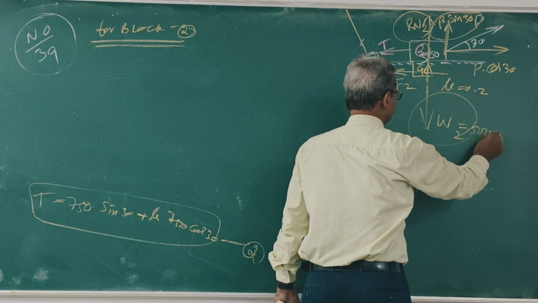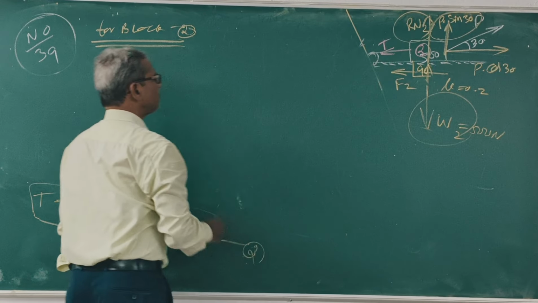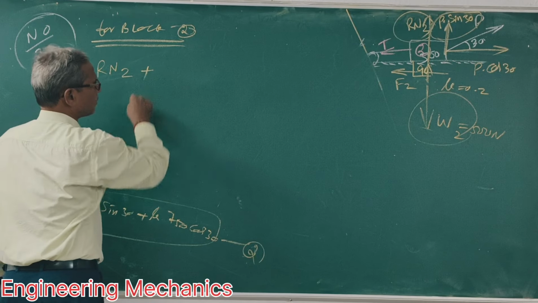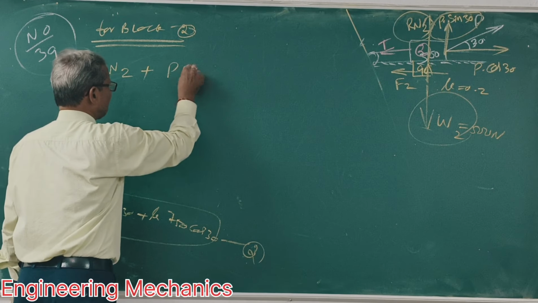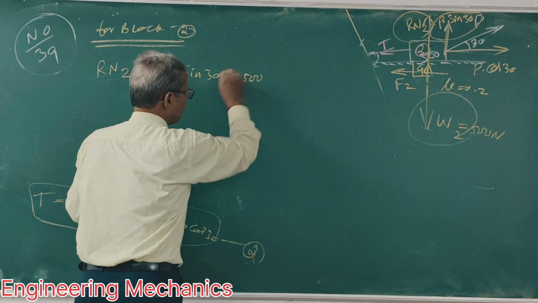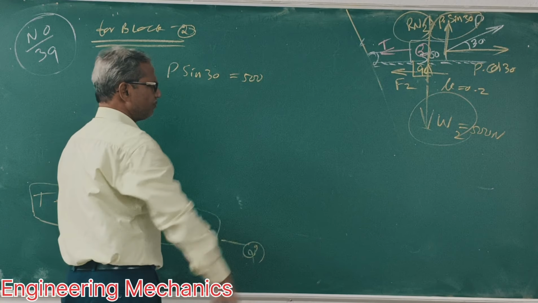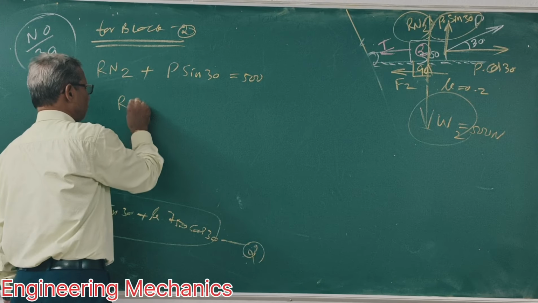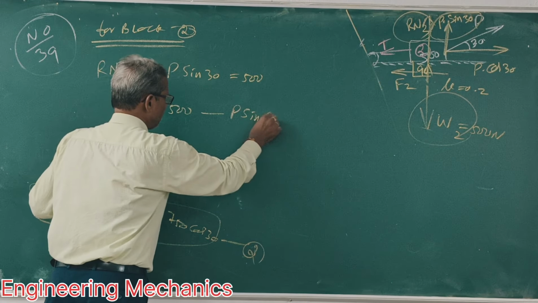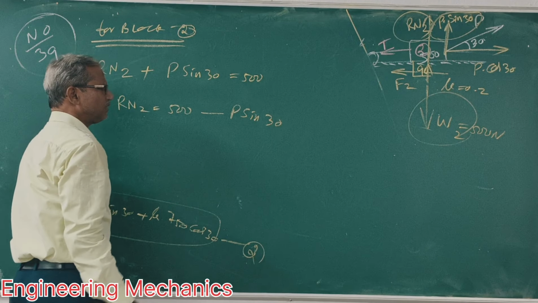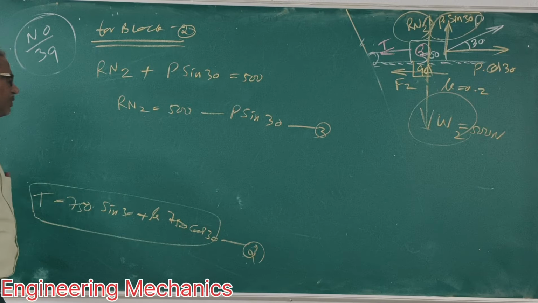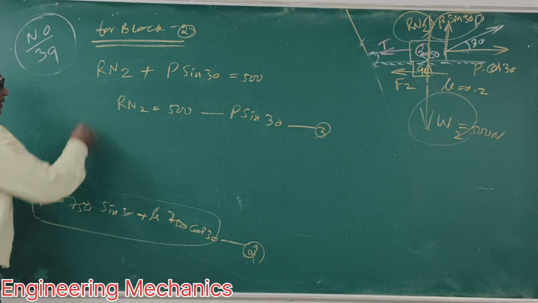Clear? Rn2 plus P sin 30 is equal to 500. So Rn2 is equal to 500 minus P sin 30. This is equation 3. Clear? This is sigma y, summation y is equal to 0.